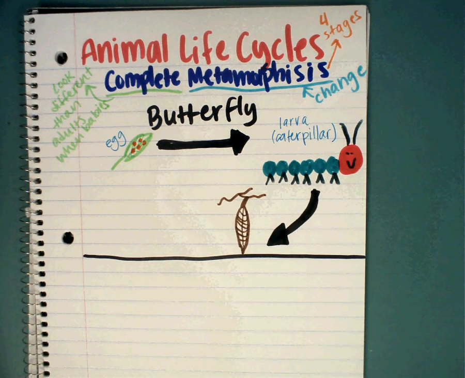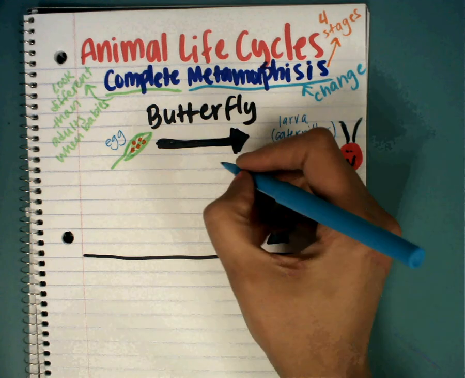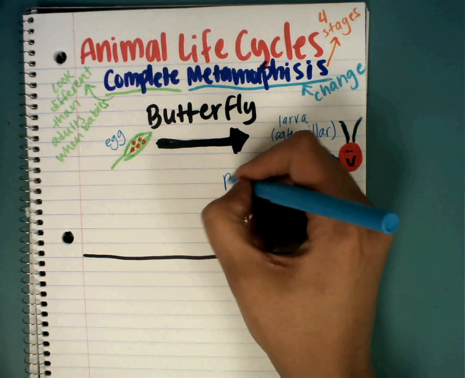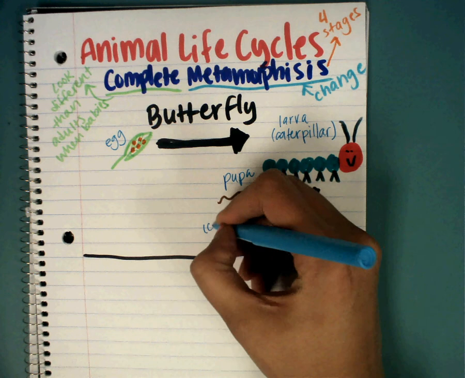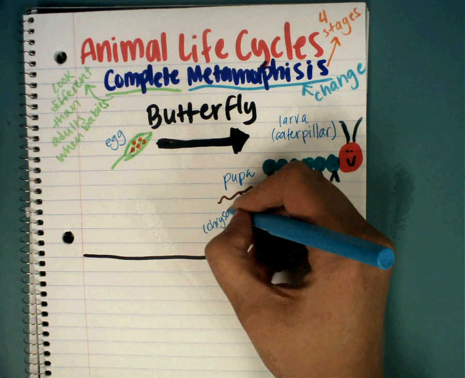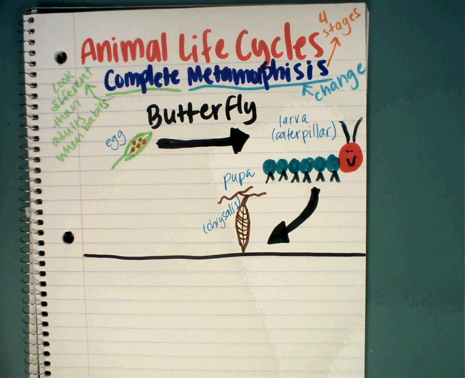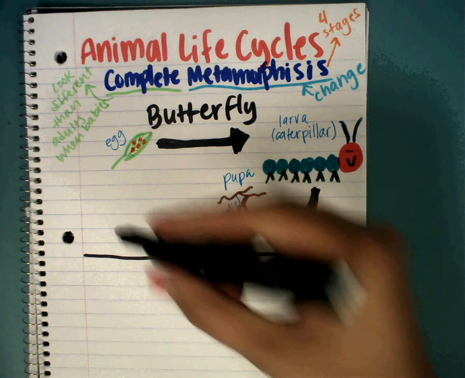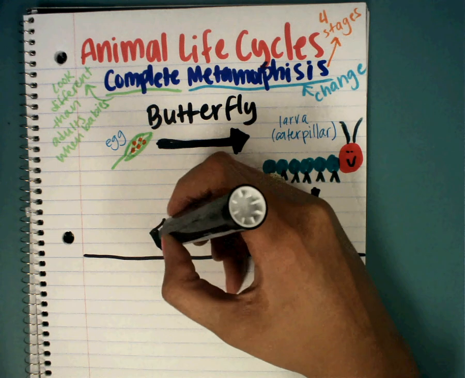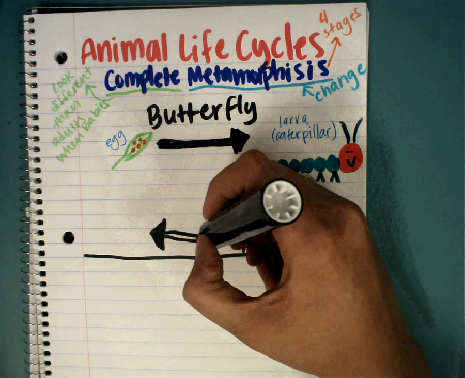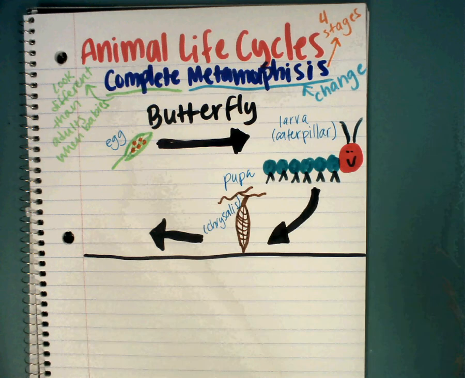So this is a pupa. It's a special pupa, though, called a chrysalis. And then finally, it busts out of that thing. All right, busts out of there, and what does it become? A butterfly, which is, in this case, an adult.